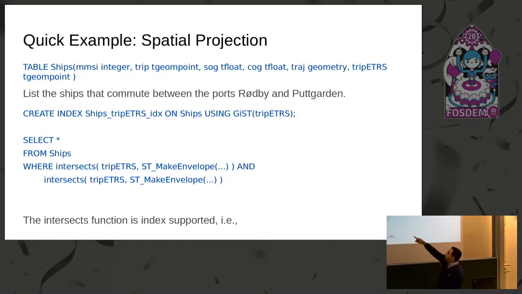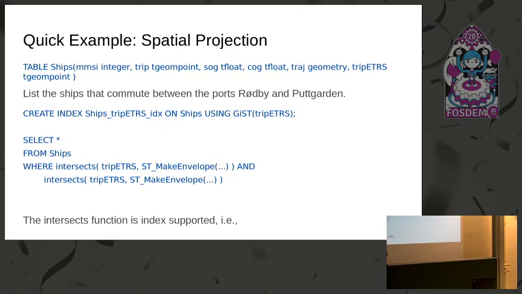Now, if we want to list all the ships that commute between these two ports, Rodby and Puttgarden, I express this in this SQL query. Basically, the two ports are represented as two rectangles, and we are interested in the trips that intersect both rectangles, so two intersects predicates. This predicate is a MobilityDB one.